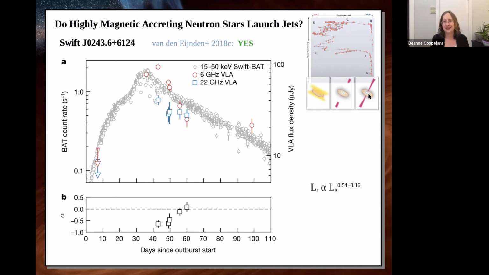Now, this has a number of interesting implications. The first of which is that since there's no inner accretion disk, you would need the jet to be launched from the disk at much larger radii, in this case greater than 320 gravitational radii.